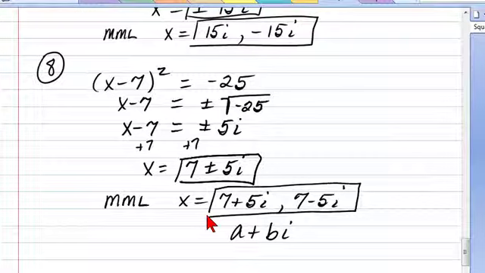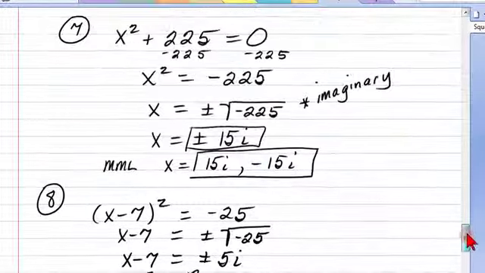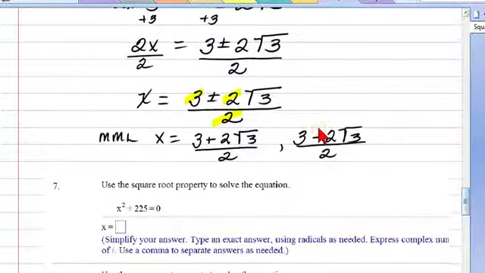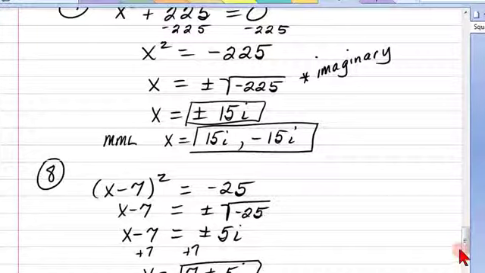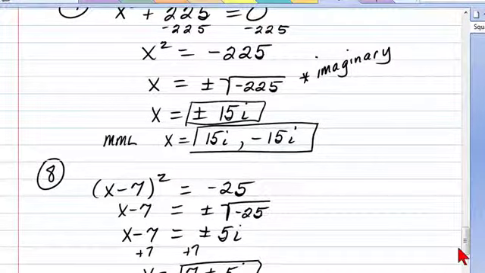Now, answers that turn out to have imaginaries in them, answers that turn out to have radicals in them, those problems could never have been factored. Even if you got them all set equal to 0 and all that, you could never factor them.